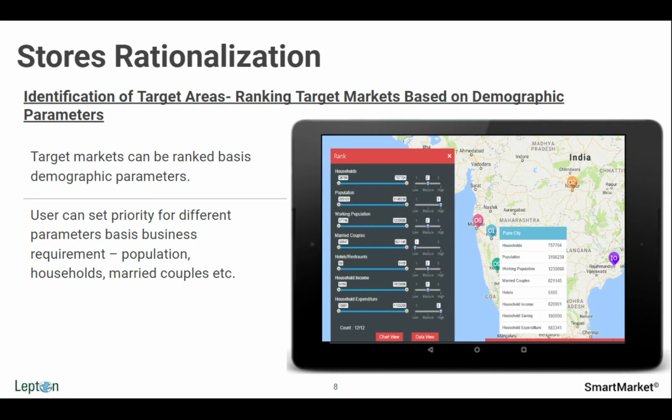First, I zeroed in on the areas where my competitors are not heavily present. Secondly, I'm zeroing in on the areas which have maximum business potential for me, based on the business parameters which are important for my business. So this is about giving ranks to different cities within India, and then devising the business strategy accordingly.